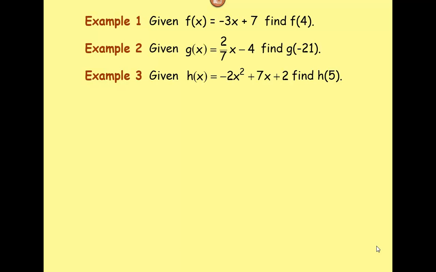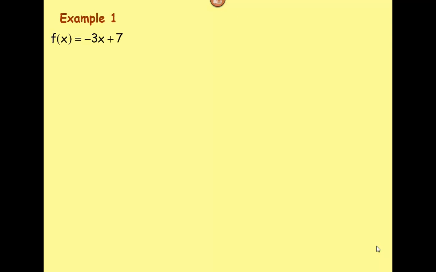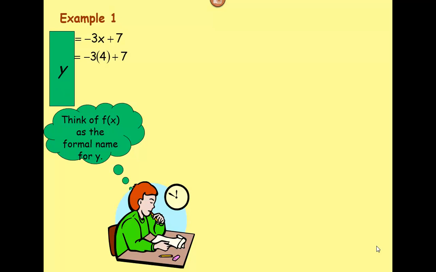We worked 3 more examples after that, so let's do those. f of x is equal to negative 3x plus 7. We wanted to substitute in 4, so we put in our parentheses and we plug a 4 everywhere we see x. Remember, the left-hand side is simplified, so we're going to simplify the right-hand side. Negative 3 times 4 is negative 12. Negative 12 plus 7 is negative 5.